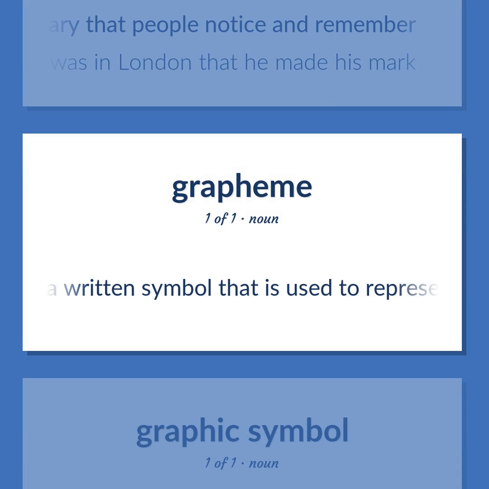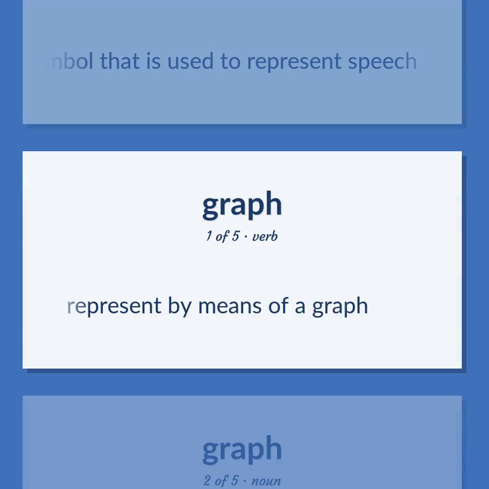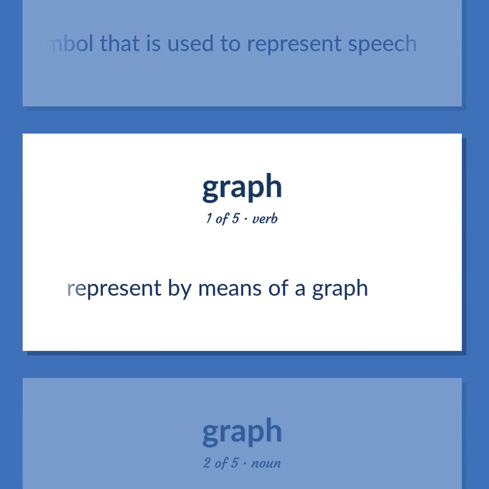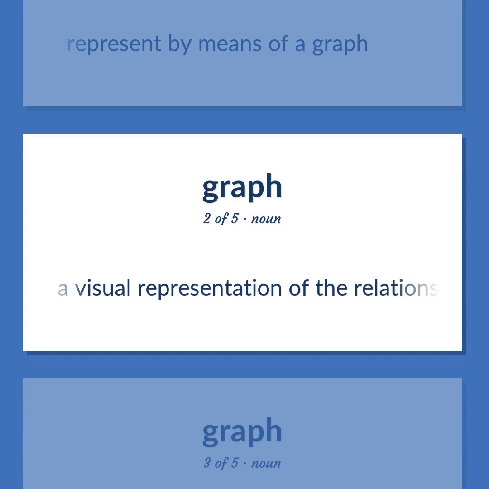A written symbol that is used to represent speech. Represent by means of a graph. A visual representation of the relations between certain quantities, represented as points, plotted with reference to a set of axes.